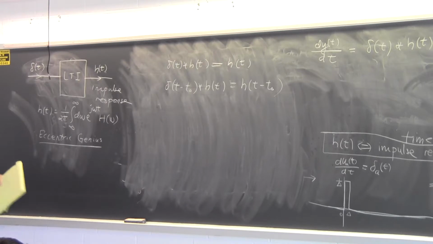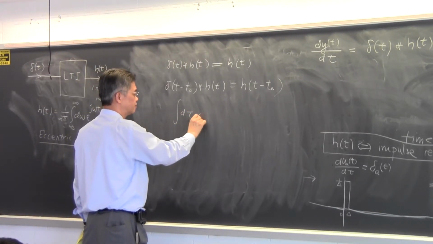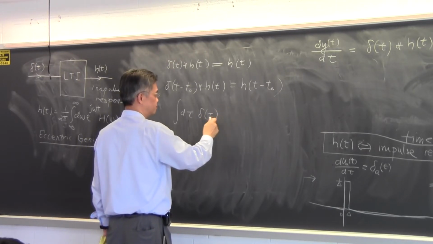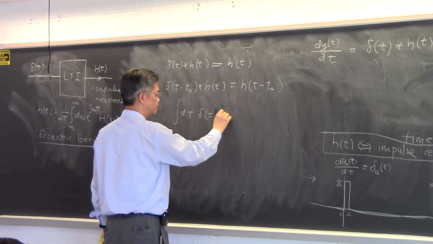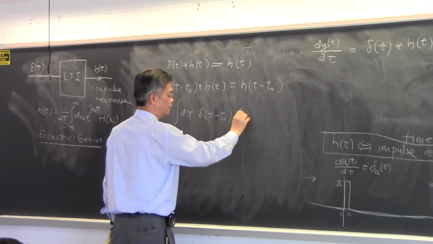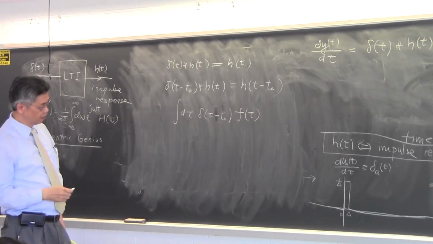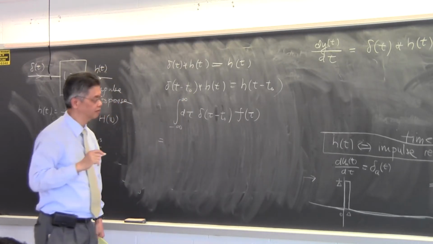And also, because of this property, when you multiply a delta function, delta of tau minus t naught, with another function, say f of tau, and integrate this, what do you think you get?